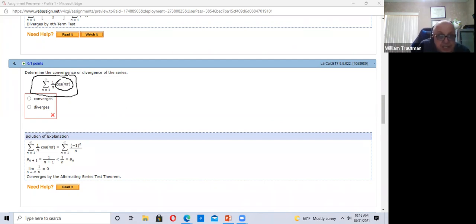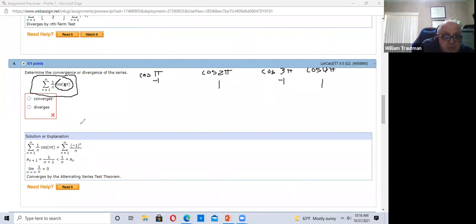The cosine of pi times n, if you put a 1 in there, it's cosine of pi, which is -1. If you put in cosine of 2 pi, you get a +1. Cosine of 3 pi, you get a -1, and so on and so on.